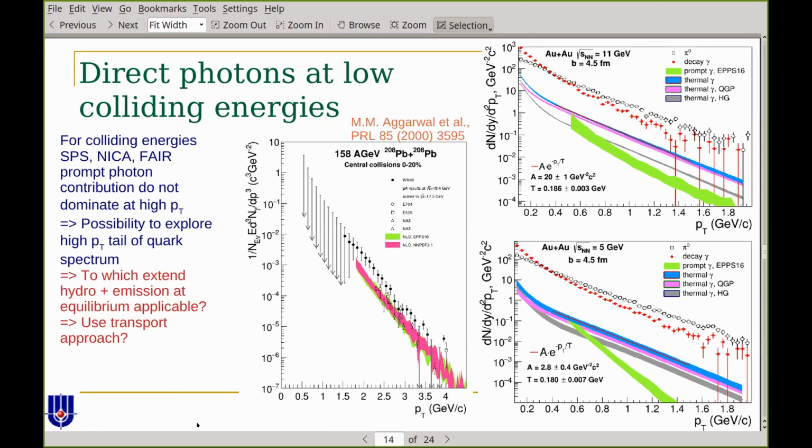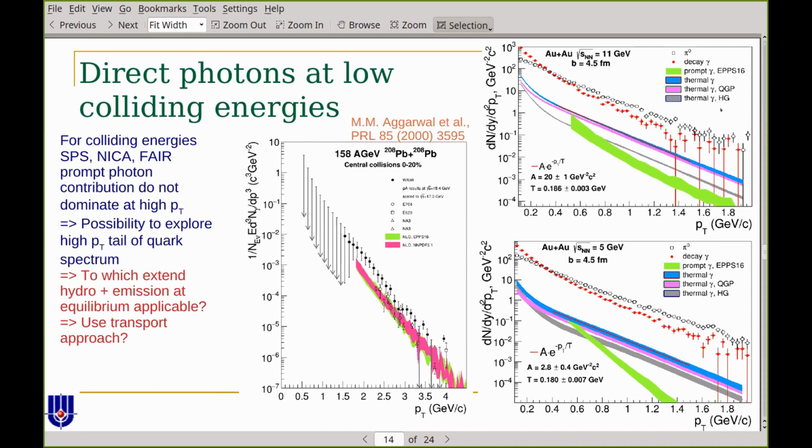Okay, a side remark. If you go not to higher energies but to lower and consider AA collisions at SPS, so it is WA98 at square root of s equal to 17.3 GeV, and even go to lower energies, to NICA at 10 GeV per nucleon and 5 GeV per nucleon, we find an interesting situation: the expected contribution from prompt photons does not dominate anymore at high pT.